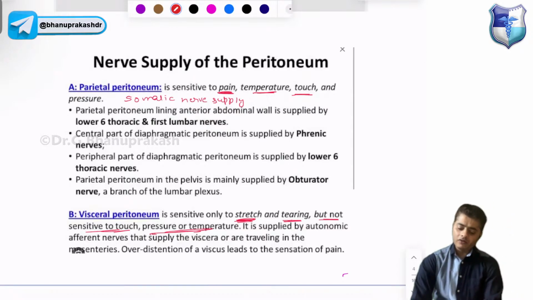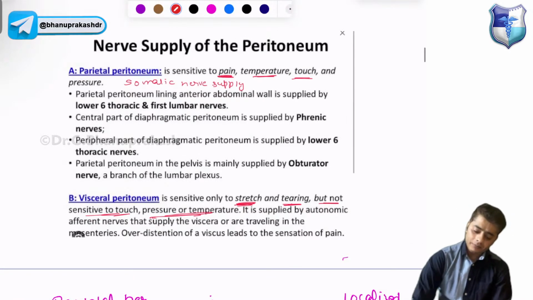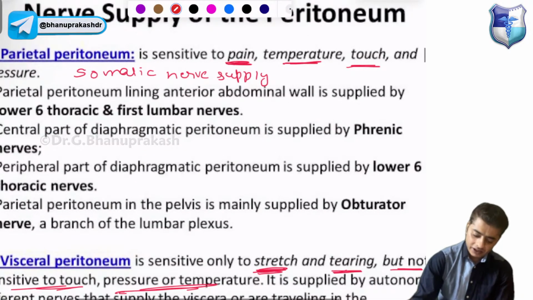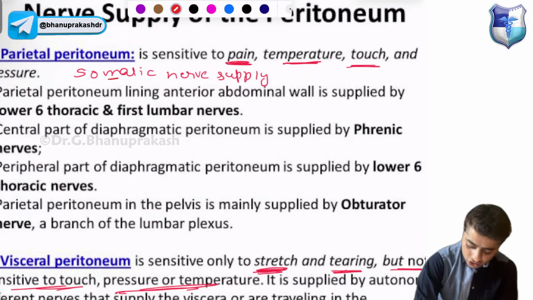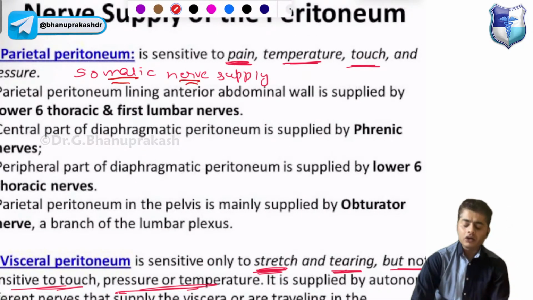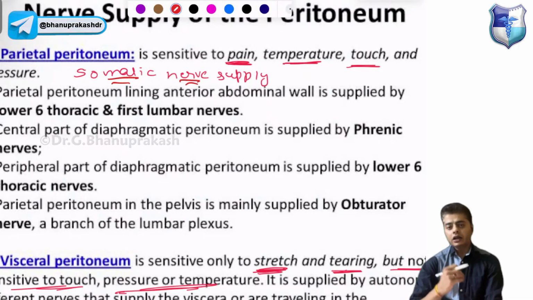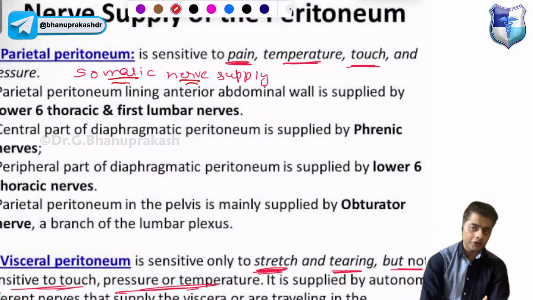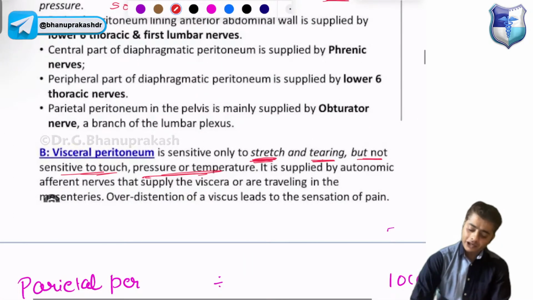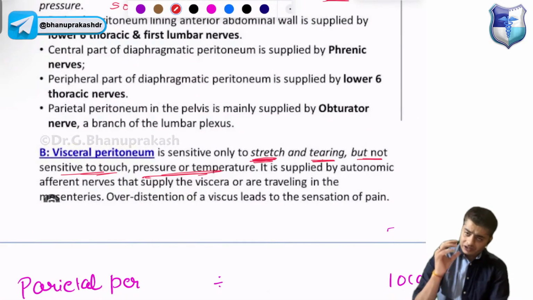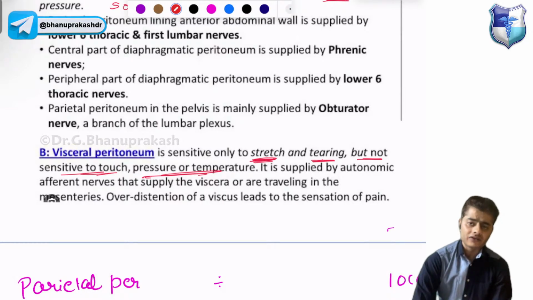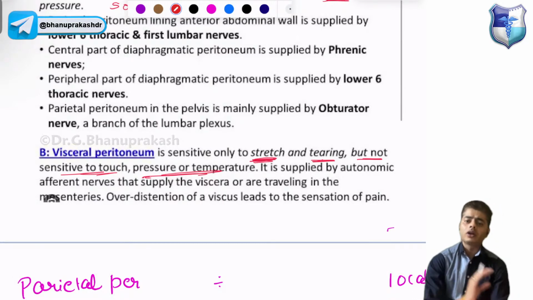Now, nerve supply of the peritoneum. The parietal peritoneum is generally supplied by somatic nerves. What do I mean by somatic nerve supply? Whenever you get pain from the parietal peritoneum, you can localize that pain because it has a somatic nerve supply. Compared to that, the visceral peritoneum has an autonomic nervous system supply, so you can't localize it.